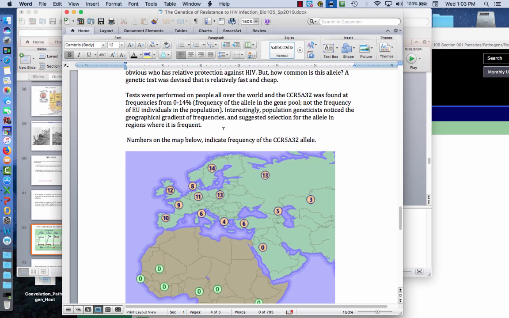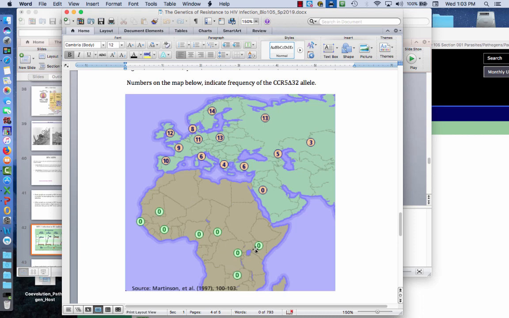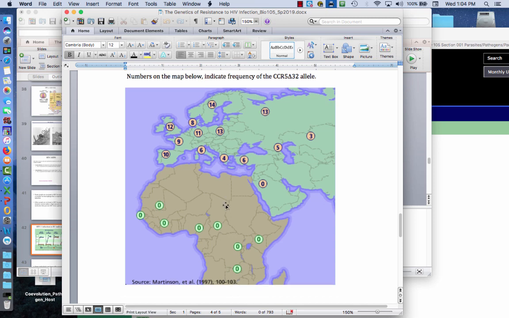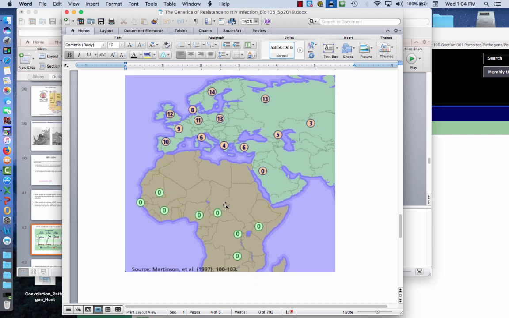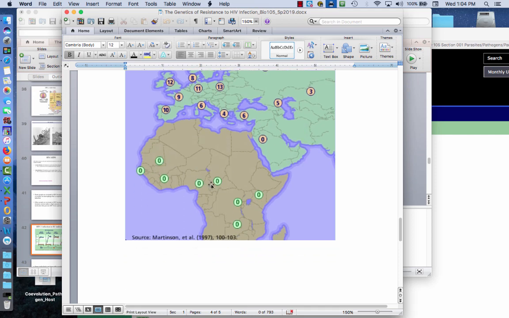And so what they did was they wanted to make a map and look at, for example, the varying levels of the frequency. Something really, really interesting panned out from that. We saw, for example, in tropical climates like Africa here, relatively 0.